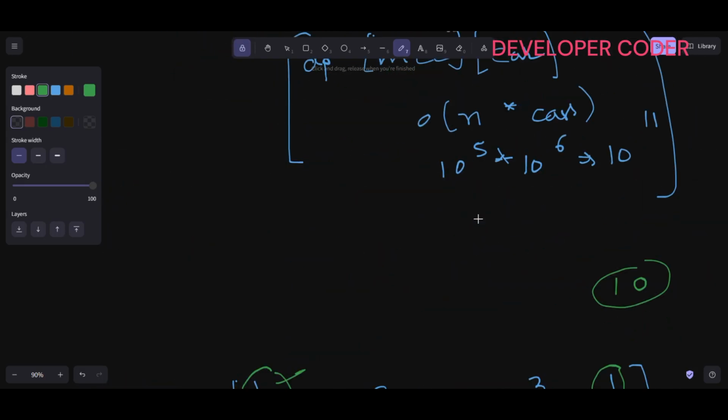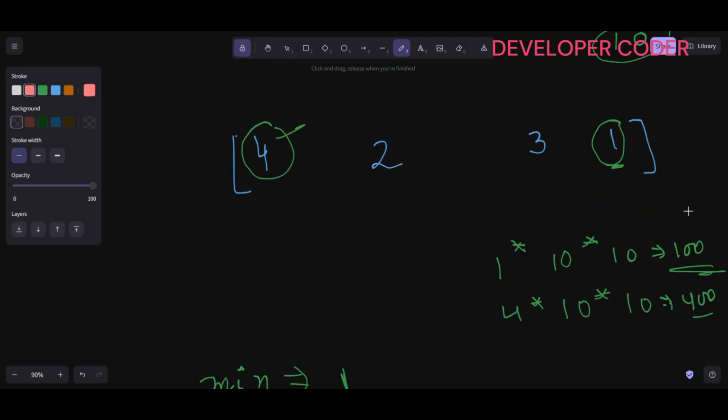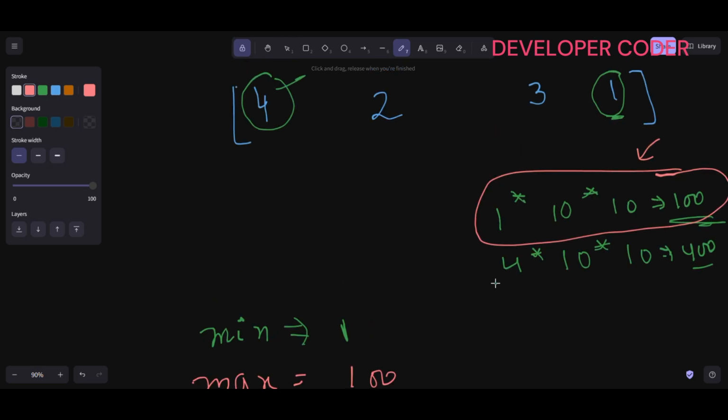Let's take minimum as 1, and maximum as this: 1 into 10 into 10, max is equal to 100. Don't take this 400, because we know that the person with lower rank can fix all the cars in this many minutes.